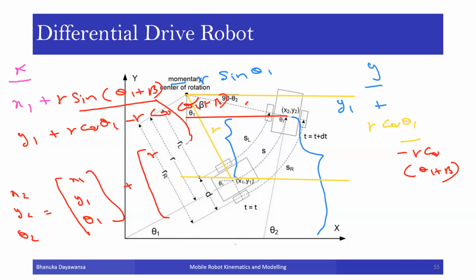This one comes here, this one comes here. And what's the heading direction? Heading increment: θ1 is this. You get θ2 by adding β, right? θ1 plus β gives you θ2. So that's going to be β.